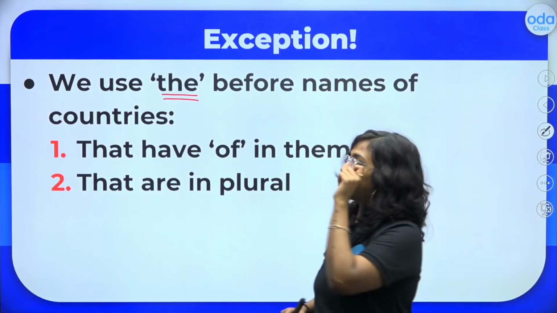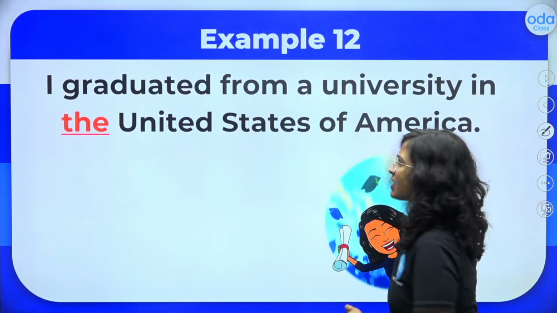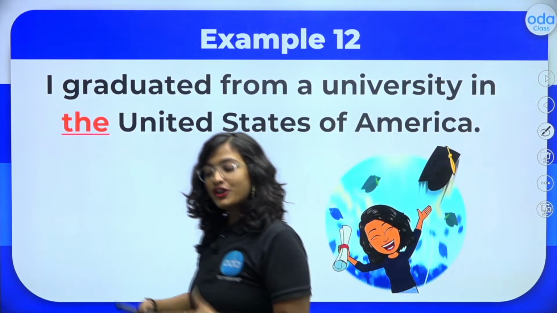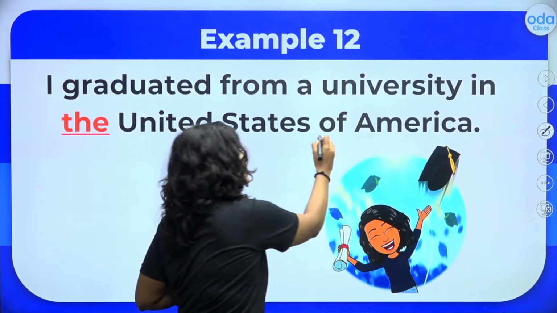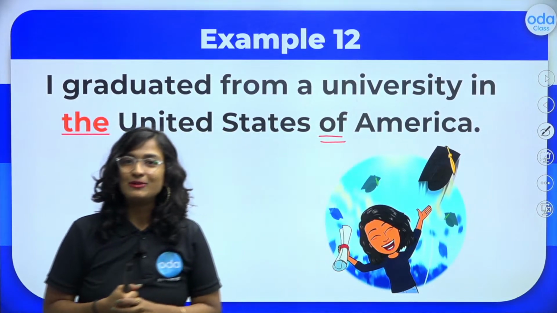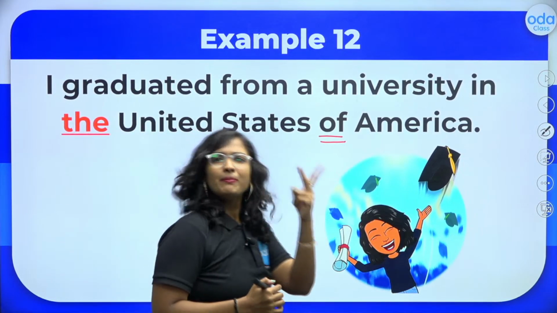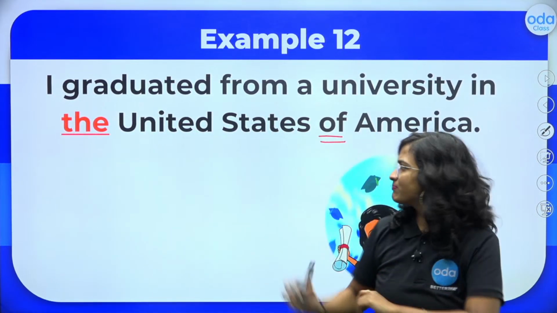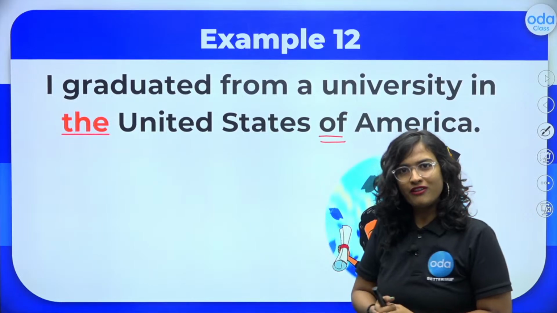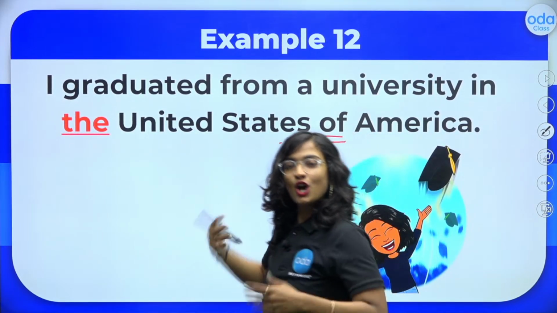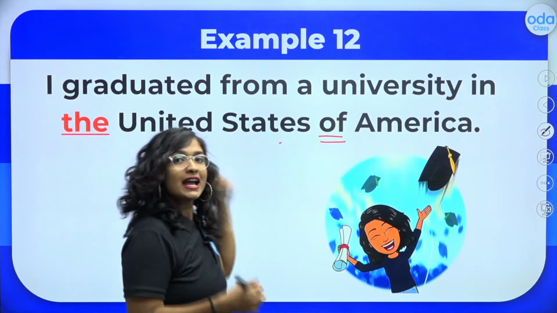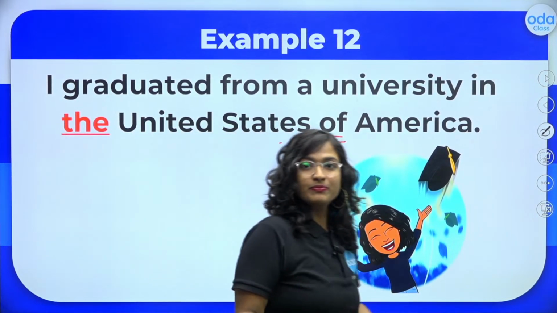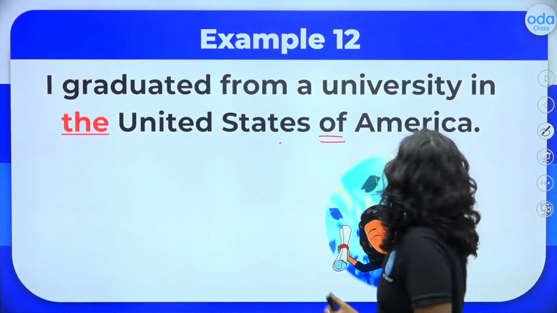So let me give you an example here, students. I graduated from a university in the United States of America. Now notice, both things are true in this case, students. Not only do we have the word of, United States also clearly indicates that it's plural. So that's why here I will use my article the. Let me give you one more example, students.